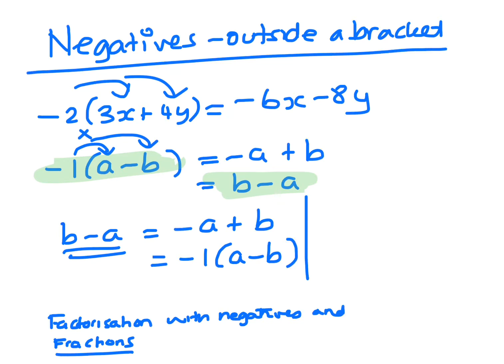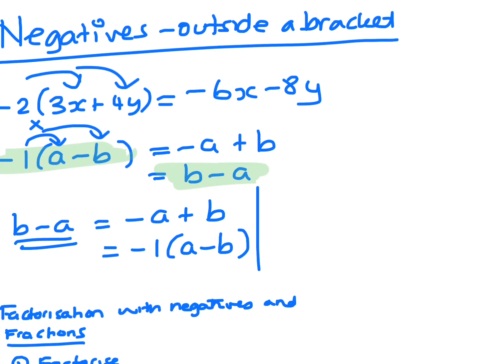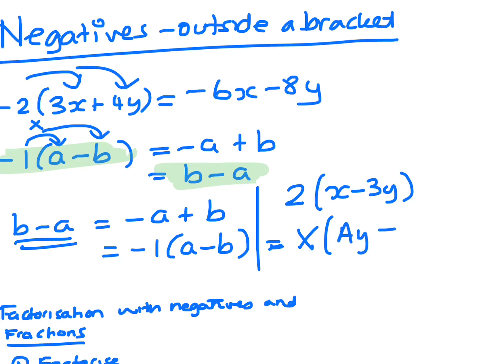And sometimes when you're looking at some questions and you end up with, say you have 2(x minus 3y), and that's equal to big A(y minus x), and you're wondering what big X and big A are.